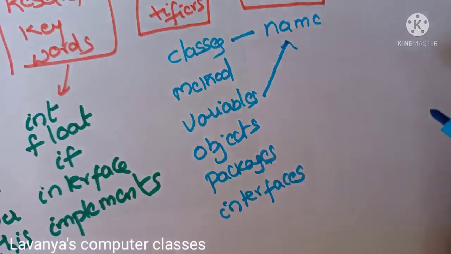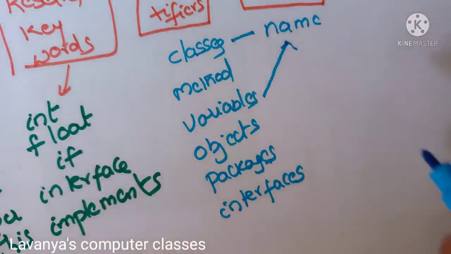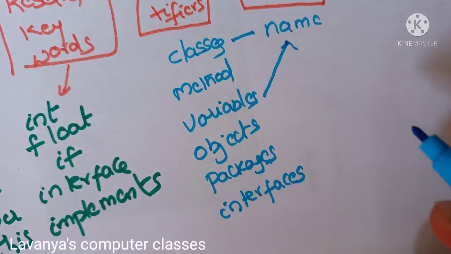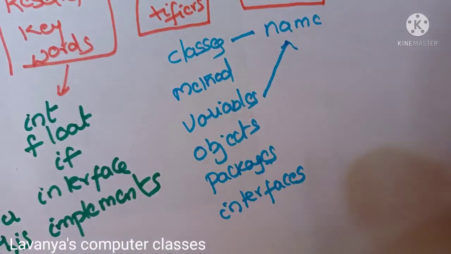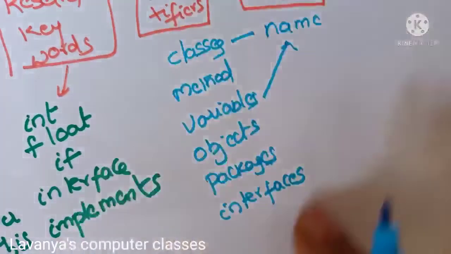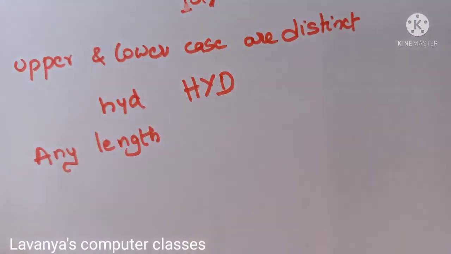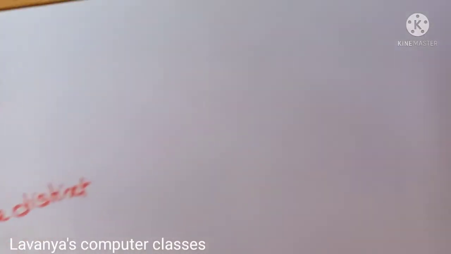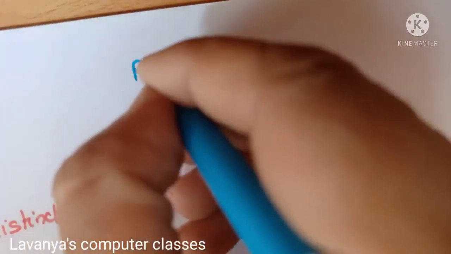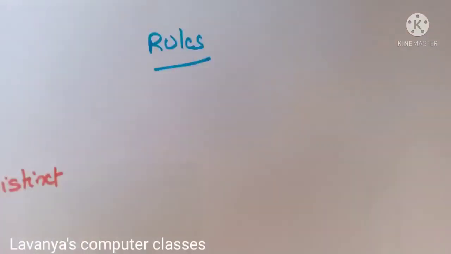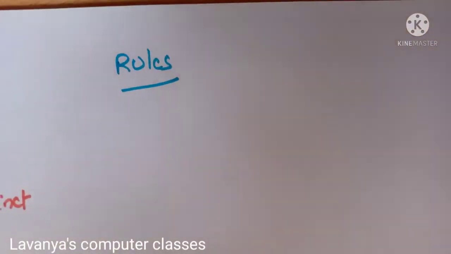But how can you give the names for variables or methods or classes, whatever it is? For that we have some naming conventions. So what are the rules? Now I will explain the rules for giving the names for either classes or variables or objects.